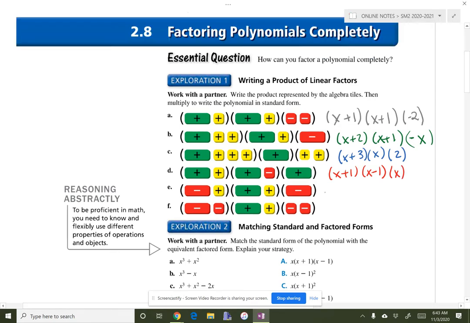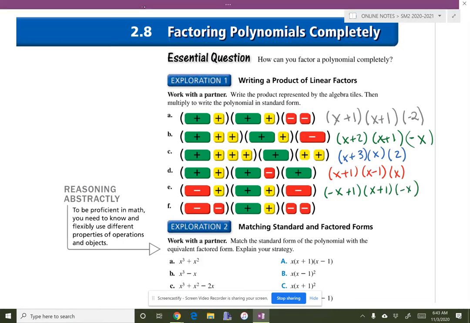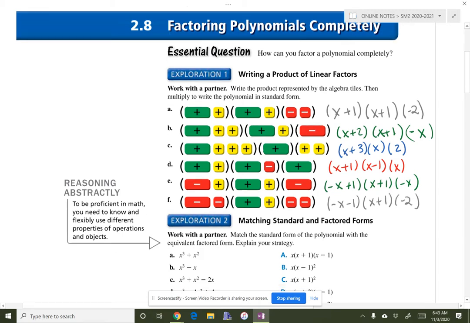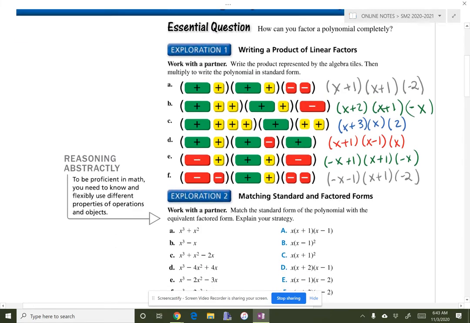Next one we have negative x plus 1 times x plus 1 times negative x. And then this last one, okay, we have negative x minus 1, x plus 1 times negative 2. Okay, just want you to be able to translate that to understand what those tiles represent.